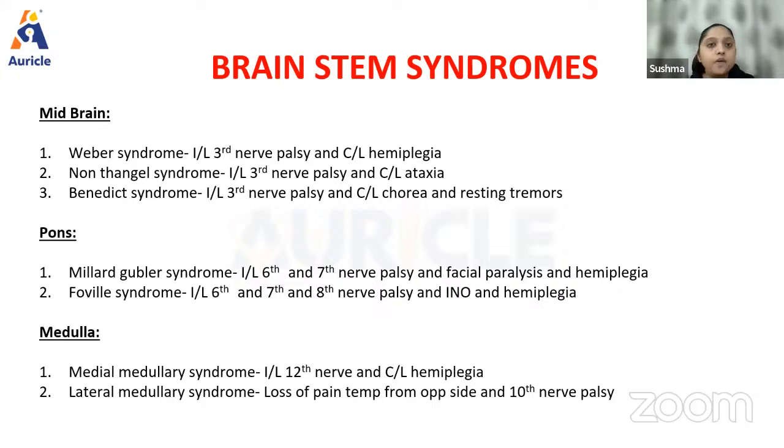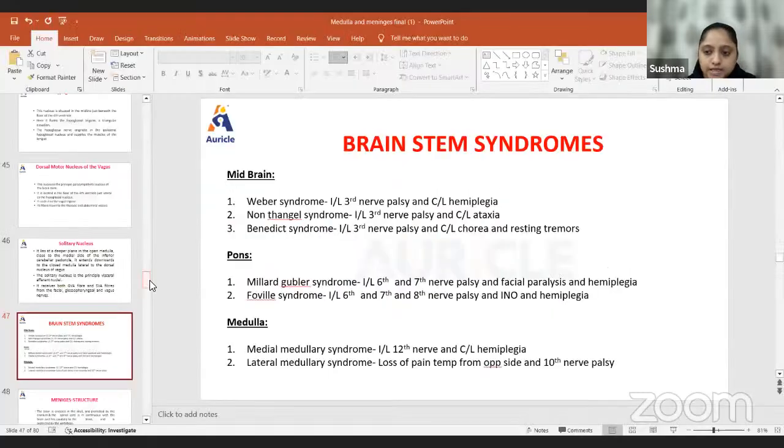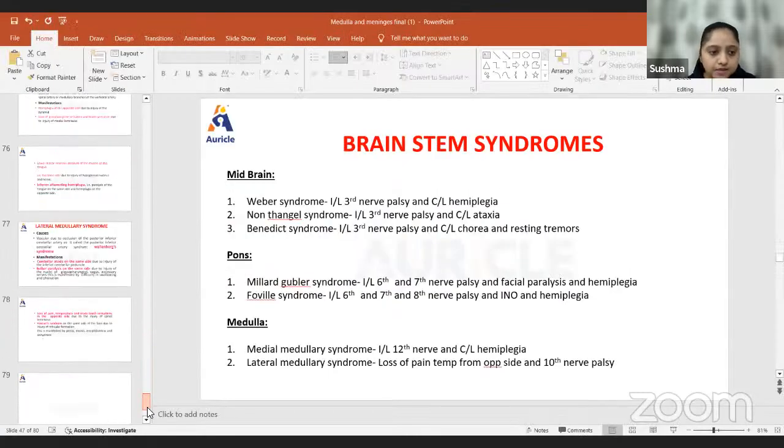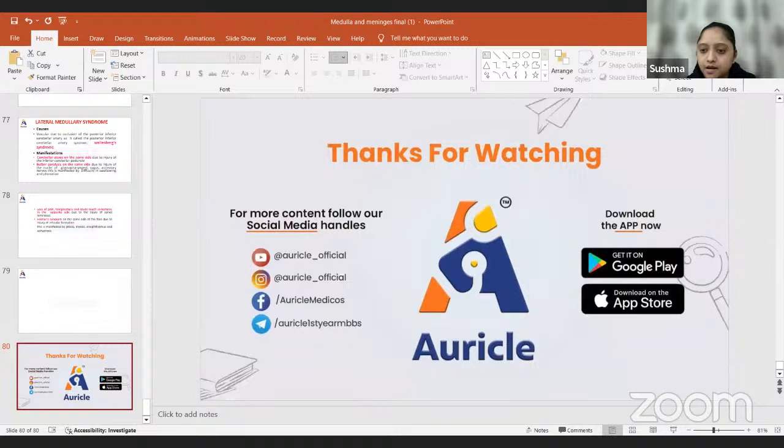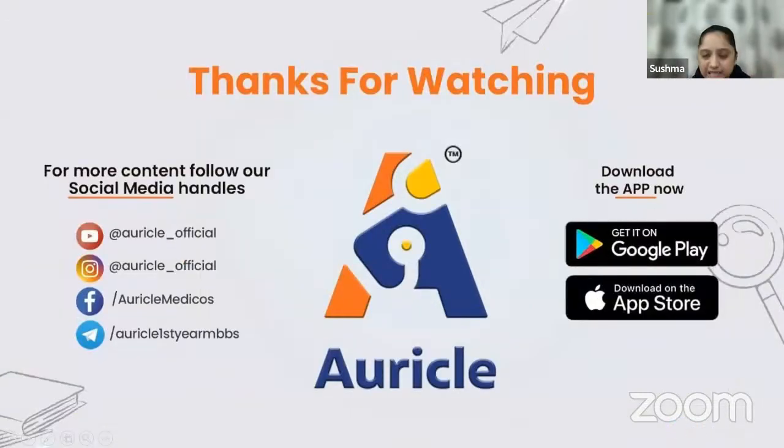That's how important brainstem is. I hope towards the end of these three classes, you're able to understand and get an orientation about what brainstem is and how pons is organized, how different tracts are organized in brainstem.